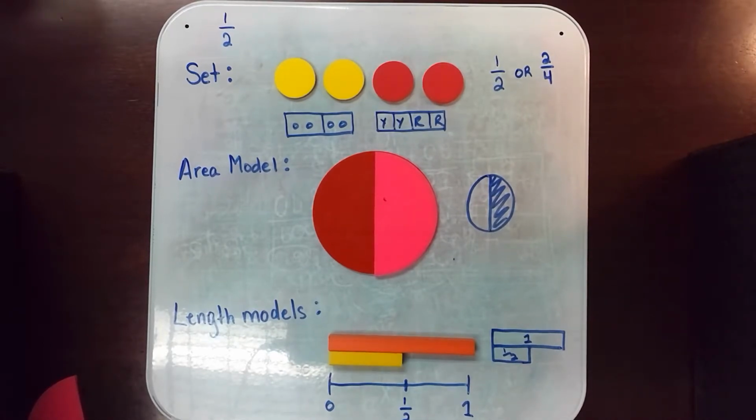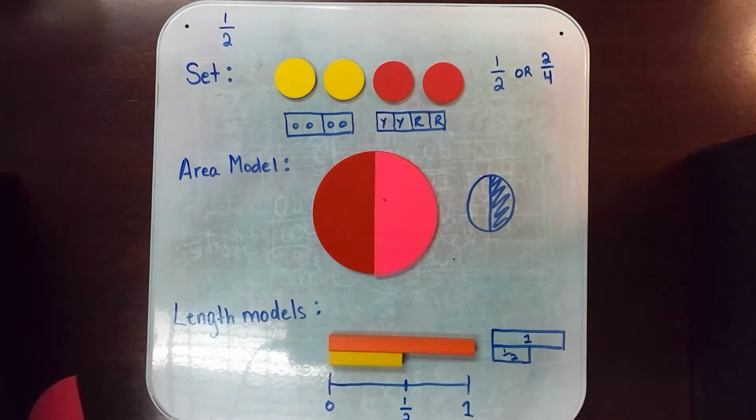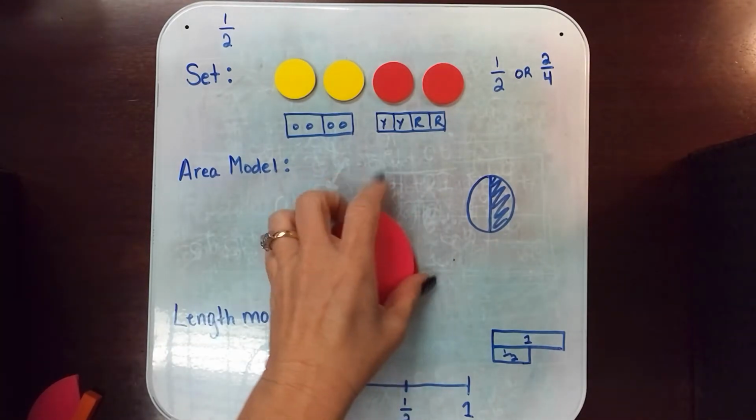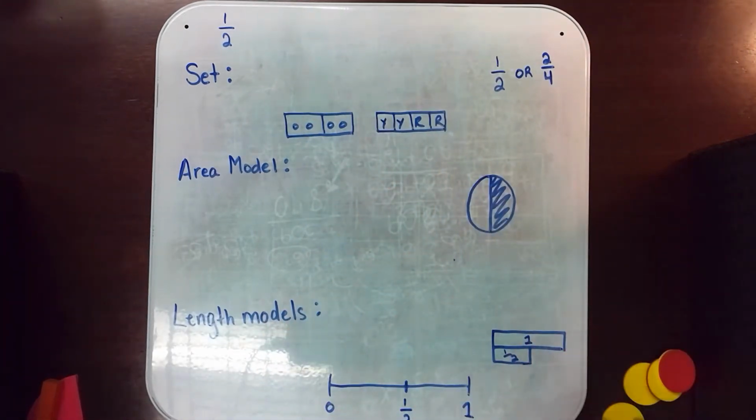All right? Then, as you're talking to students, so this is really representing fractions, right? Now we can start talking about unit fractions as well. And basically, a unit fraction is just one part of a whole that has been divided into equal parts.